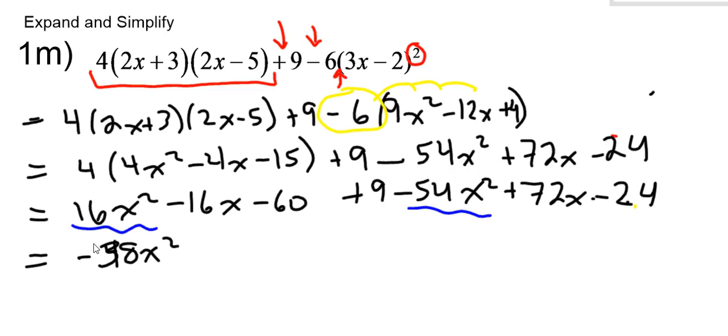Boy, I hope that's right. I'd hate to have to edit the video just because I can't do math. 16 minus 54 is 38x squared. And then I have, what's next? I have negative 16x plus 72x. Oh, math again. So what would that give me? That would give me 52. That would give me positive 56x.